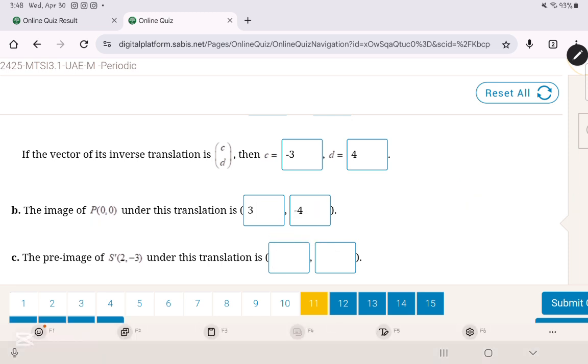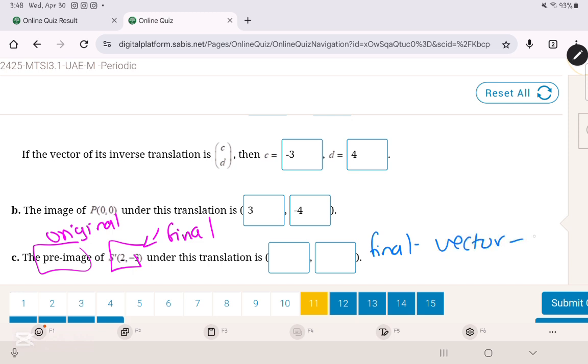Now the pre-image of this over here. So this over here is what? This is the final. They want us to find what? The original. We know that if we have the initial or original, we will add it to the vector to get the final. However, if we have the final, we will subtract from it the vector. So final minus vector will give us what? Will give us the initial.